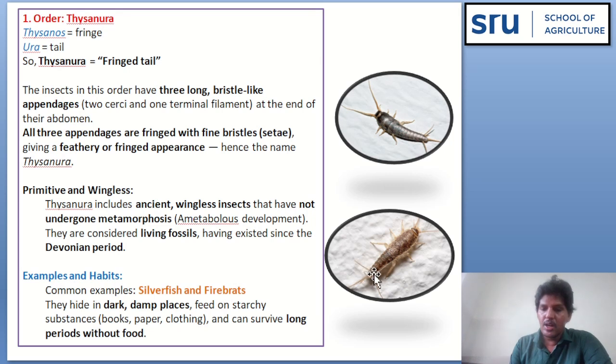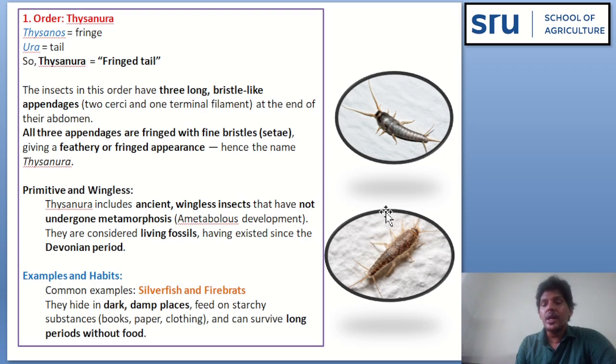All these appendages are fringed with fine bristles or setae or hair-like structures, giving a feathery or fringed appearance. Therefore, they got the name Thysanura.